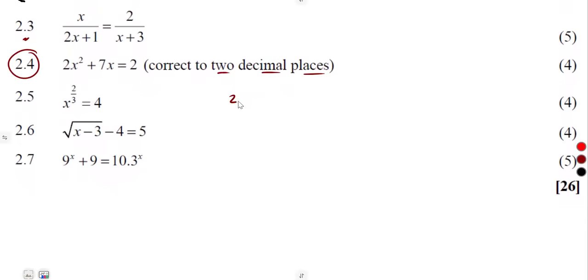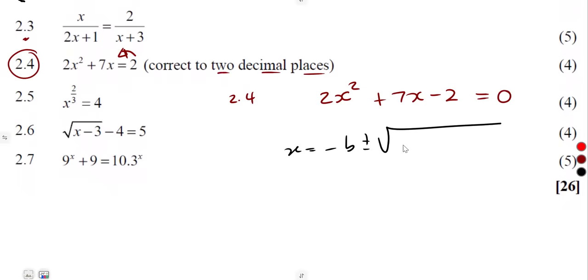All right, still having a quadratic equation, 2x squared plus 7x. So let's take 2 to the other side. That will be -2 from our standard form. So once they say to two decimal places, know that they want you to apply the quadratic formula or completing the square method. So I'm just going to use the quadratic formula.